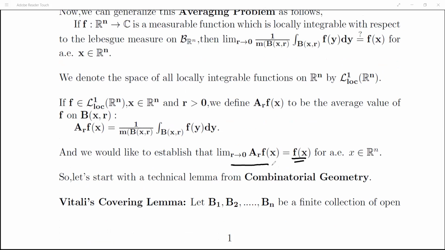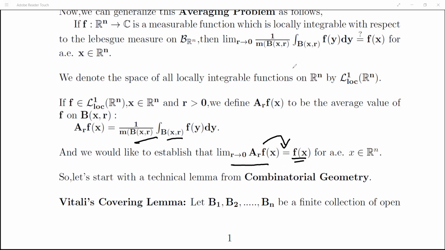For almost every x, we want to show this, if f is a locally integrable function, because if you don't have a locally integrable function, then this average value is not defined, right? For this average to be well defined, you need f to be integrable locally on open balls. So that's why you have this assumption that f has to be locally integrable, and then we can say this.